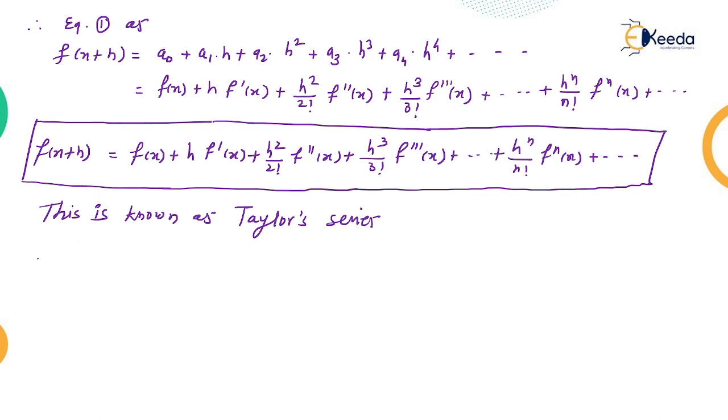Now I am also taking some results. Putting x is equal to a and h is equal to x minus a in the above series, what will we get?